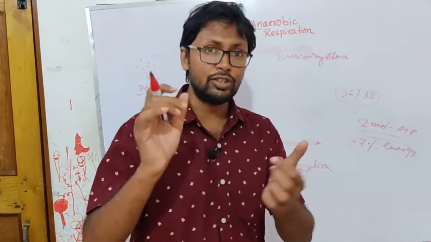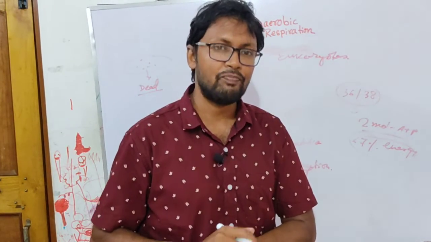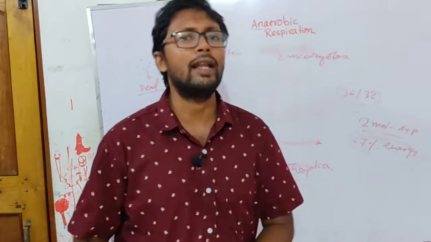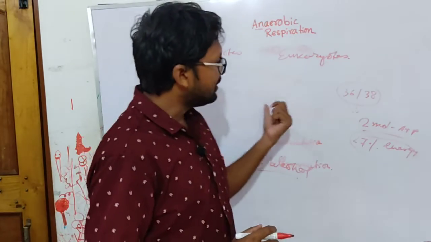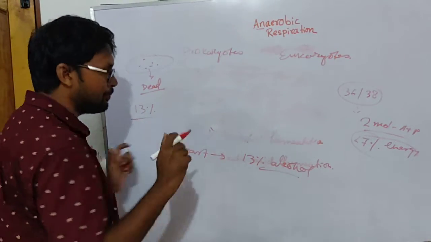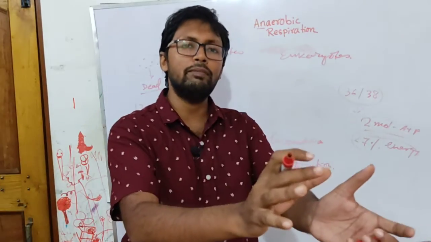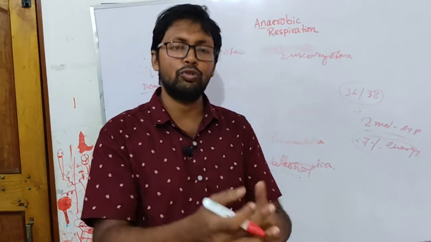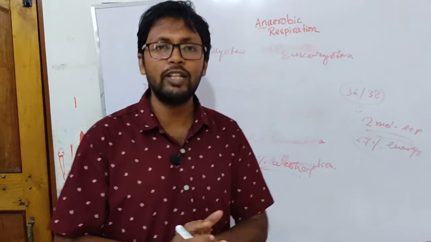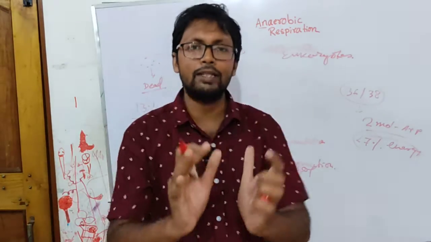Yeast is a fungus responsible for the production of alcohol. अगर yeast को दिया जाए एक environment जिसमें alcohol produce होता है, alcohol produce होने के बाद क्या होगा, 13% तक alcohol produce होता रहेगा.